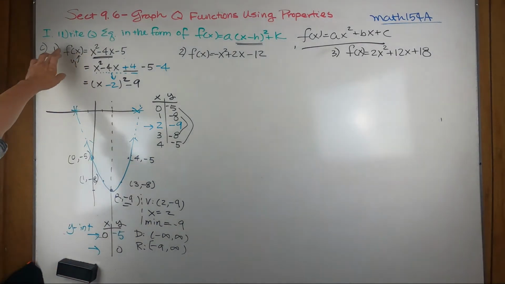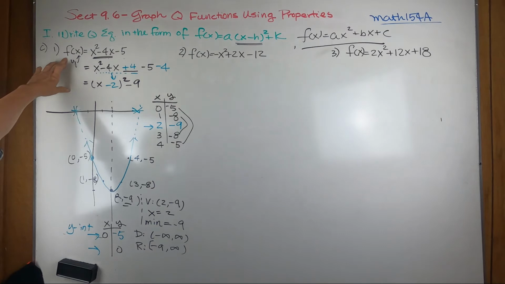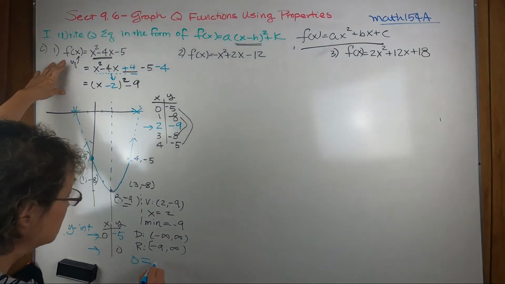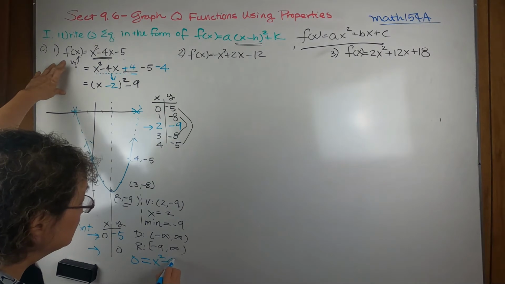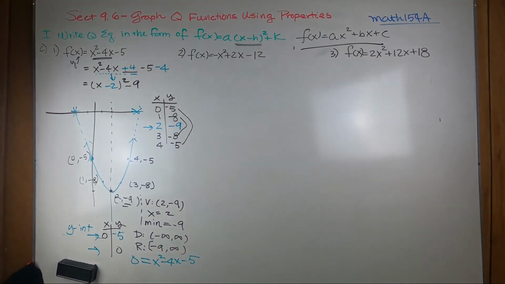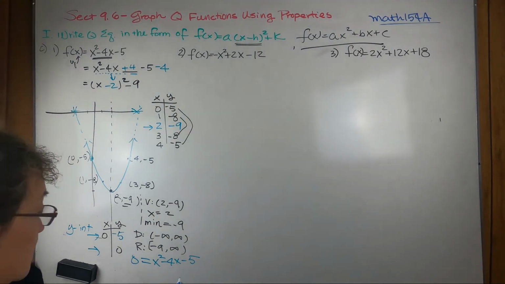So it's here. F of x is your y, right? So your y is 0. What do you have? You have 0 equals x squared minus 4x minus 5, right? Then you factor it.